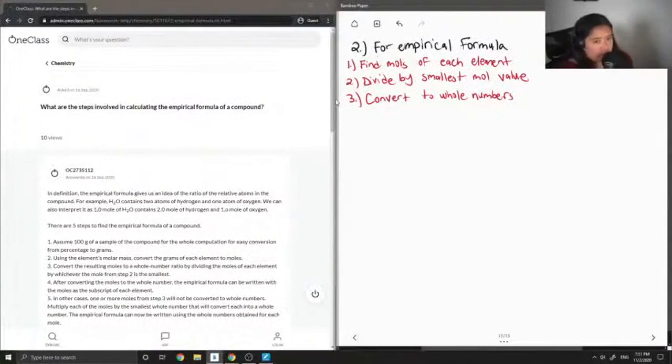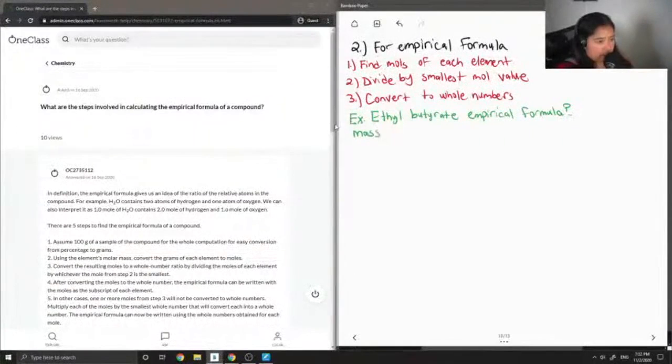So I'm going to do an example with ethyl butyrate. When they give you an empirical formula question, they give you the mass of the total compound, and then they also give you the mass of carbon dioxide or water that was expelled when this compound was combusted.